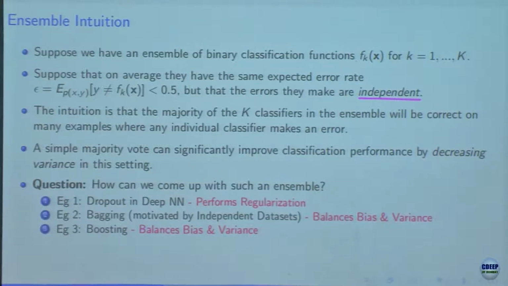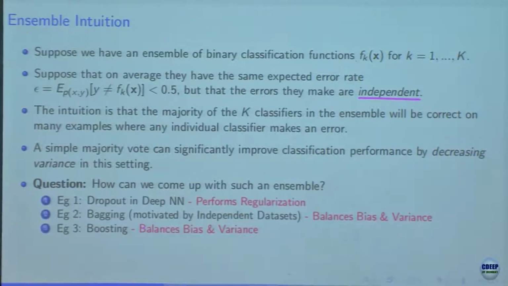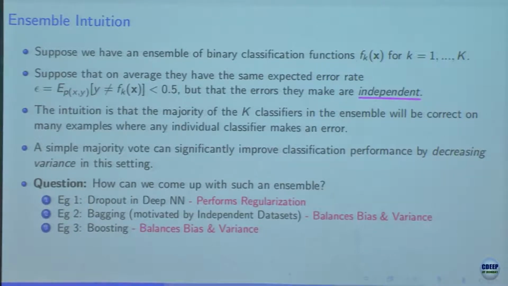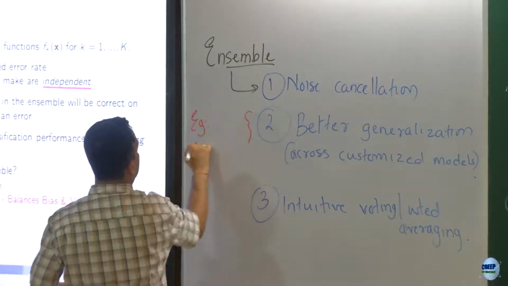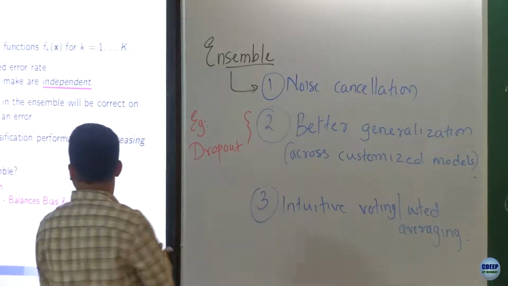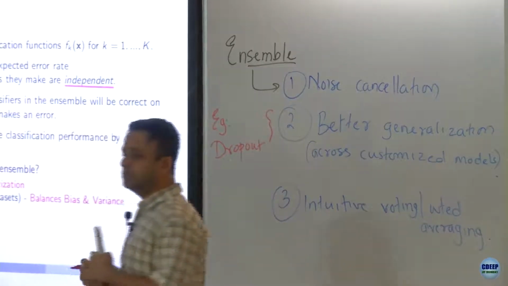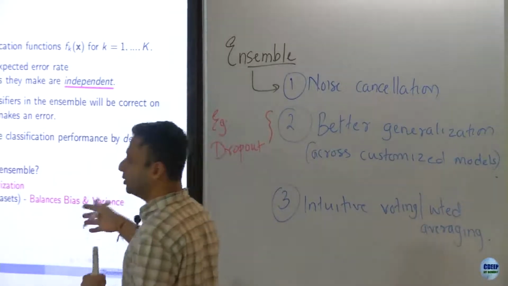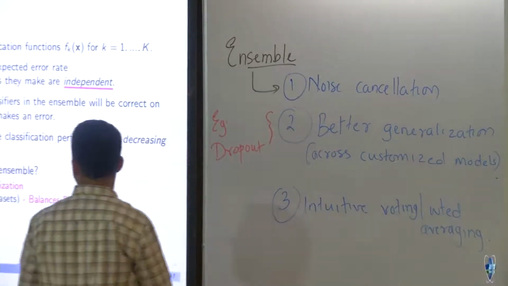It ends up performing regularization, and we all know that regularization was meant to help generalize. So one of the objectives was better generalization. We discussed regularization at length. Also bagging and boosting, which we will discuss today, and then continue with decision trees.